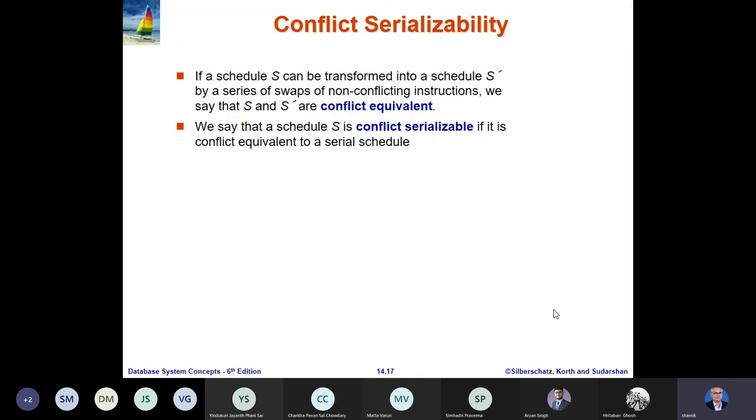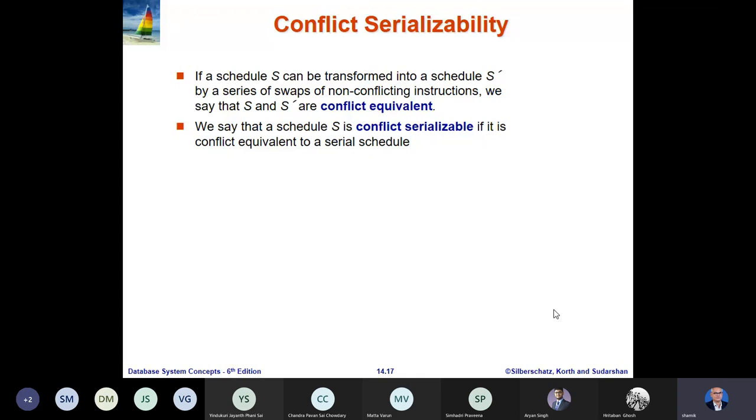Suppose S is a serial schedule, so it is conflict equivalent to itself, which is a serial schedule. Hence, trivially, any serial schedule is conflict serializable. But remember, if S is made up of T1 and T2 and S prime is made up of T1 and T2, but S is T1 followed by T2 in serial sequence and S prime is T2 followed by T1, then S is not necessarily equivalent to S prime.